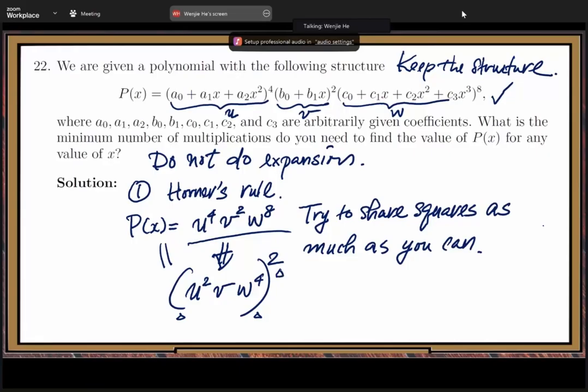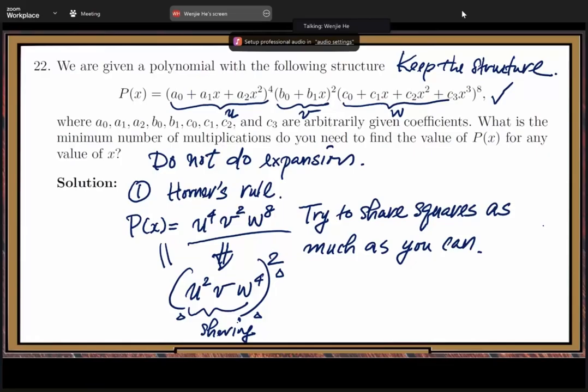Square sharing. After that, can you do another round of square sharing inside the parentheses? Try your best to share the squares as much as you can to reduce the number of multiplications.